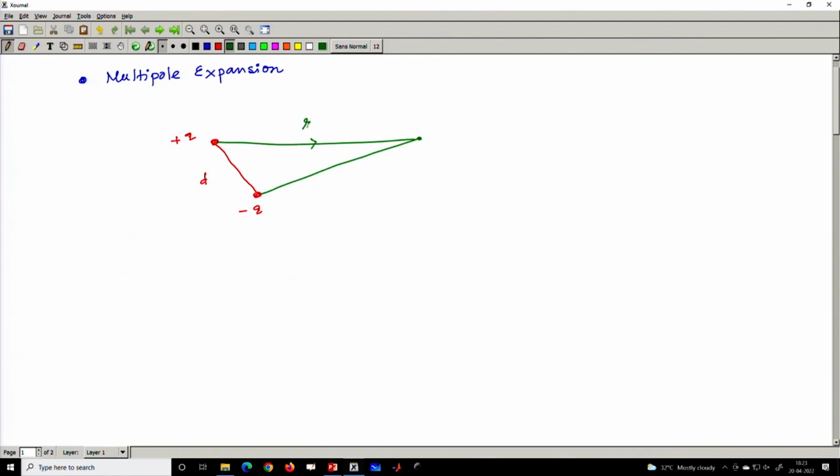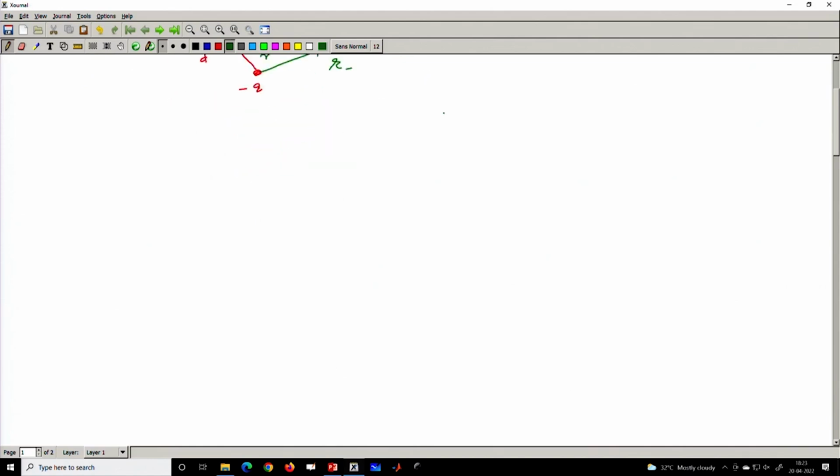If this is r plus, this is r minus, and from here we have r, say this angle is theta. This is the point P where we try to find the potential.